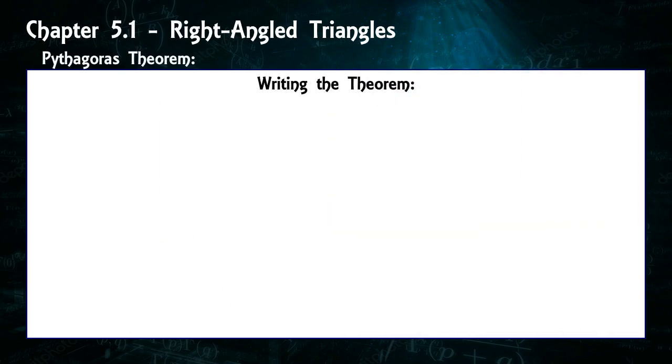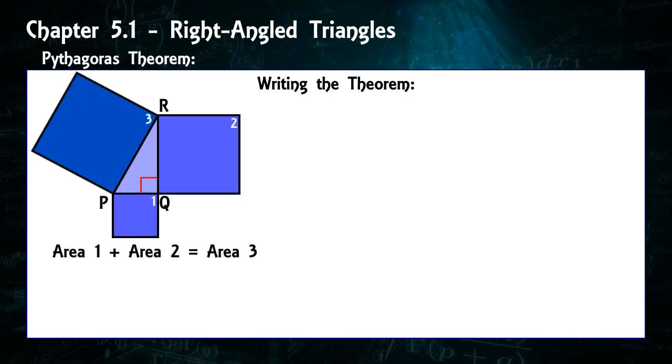For triangle PQR, the theorem states that the sum of the areas of both squares on the legs is equal to the area of the square on the hypotenuse. As angle Q is 90 degrees, that means PQ and QR are the legs and PR is the hypotenuse. Square 1 with side PQ has an area of PQ times PQ, so PQ squared.